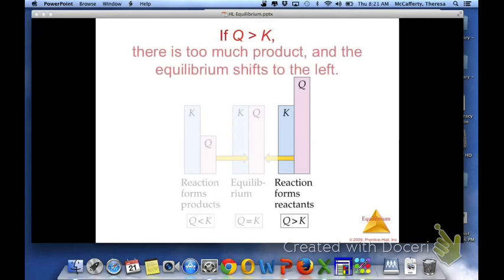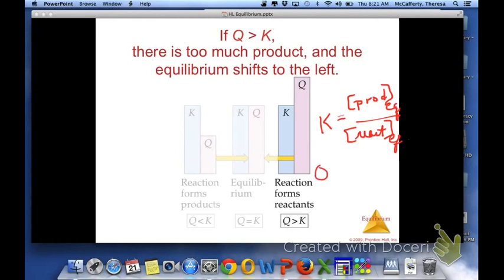If Q is greater than K, and remember that K is equal to the concentration of the products at equilibrium over the reactants at equilibrium, so Q then is equal to the products at whatever situation over the reactants.